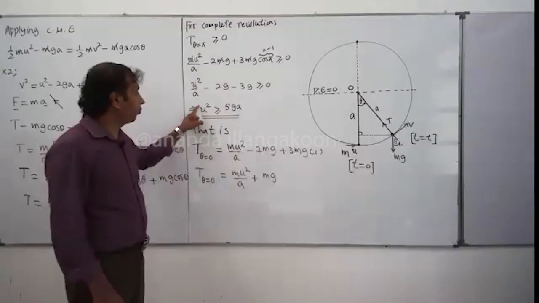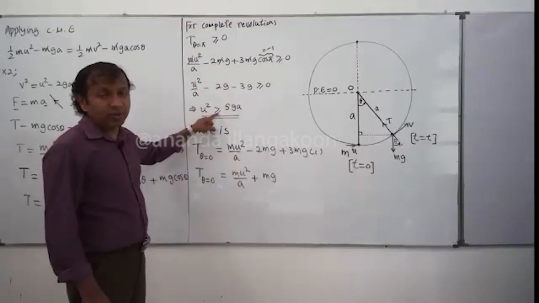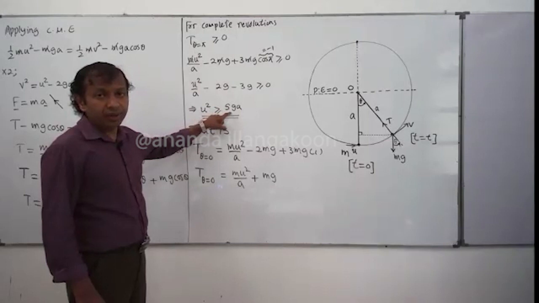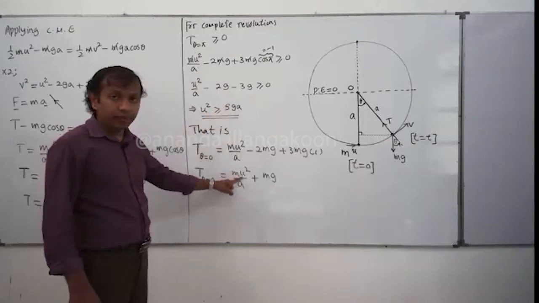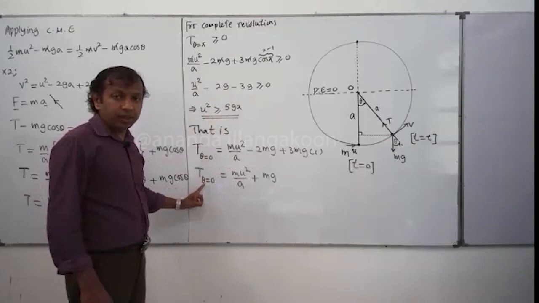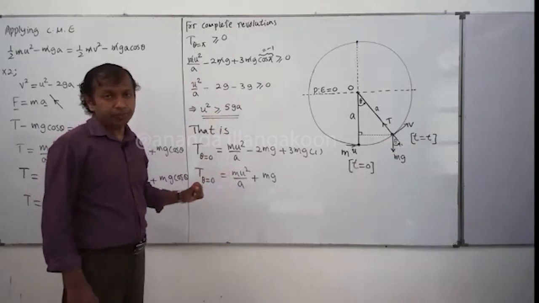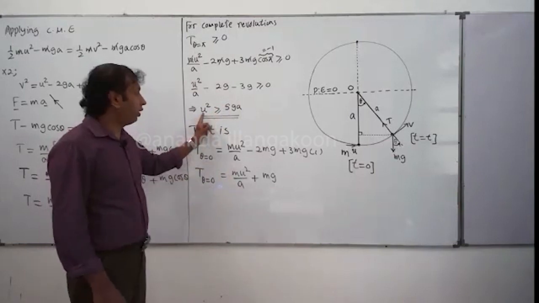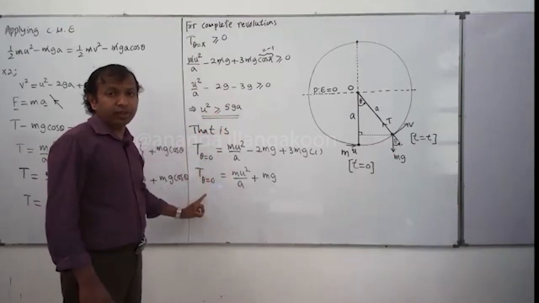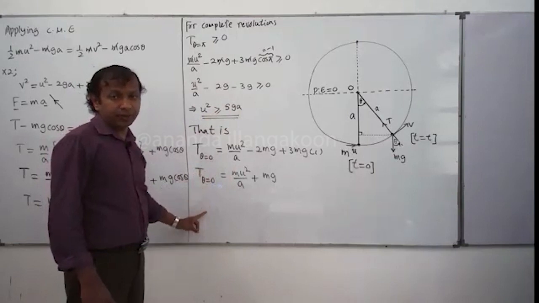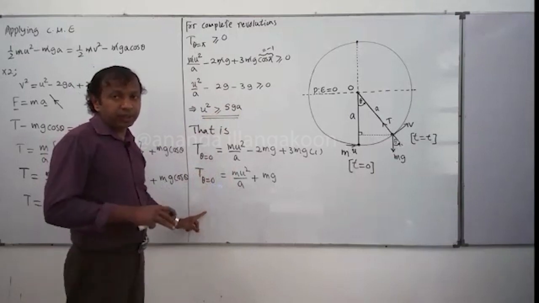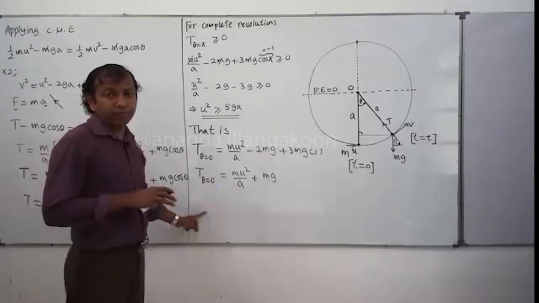When U squared takes its minimum value 5GA, we can put it here, and then we get the tension at the beginning. That is, at the beginning only maximum tension occurs. When we take U squared the minimum, we can find the tension below which there will be no tension.